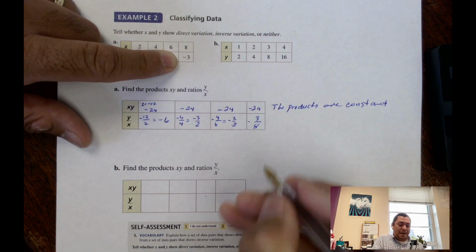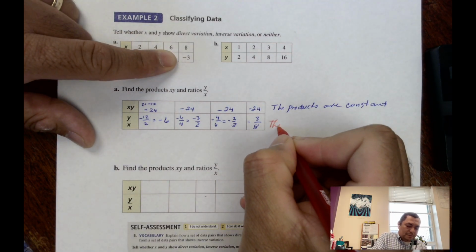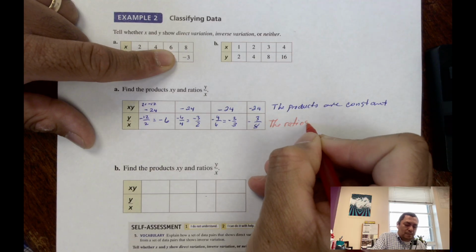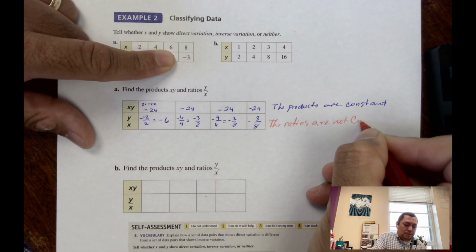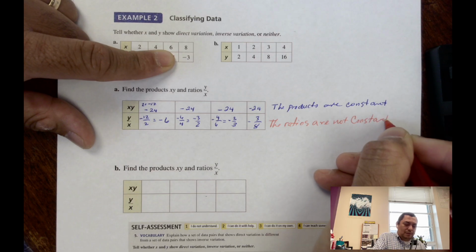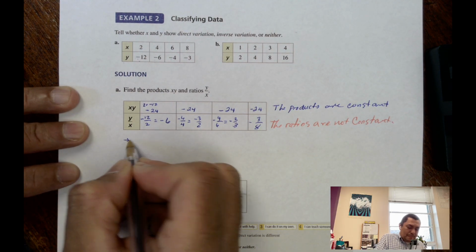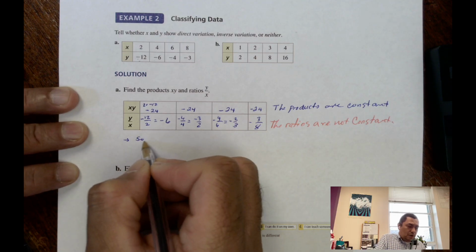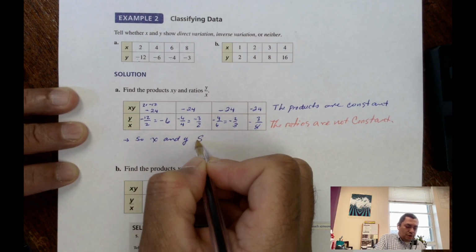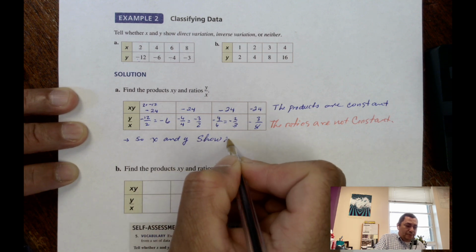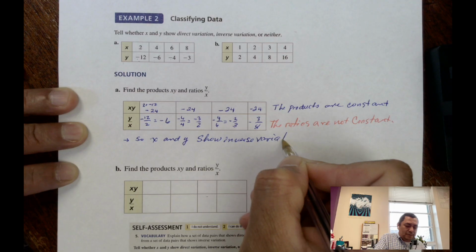You cannot simplify it. So for this one, I can see that the ratios are not constant. So in this case, I'm going to say x and y show inverse variation.